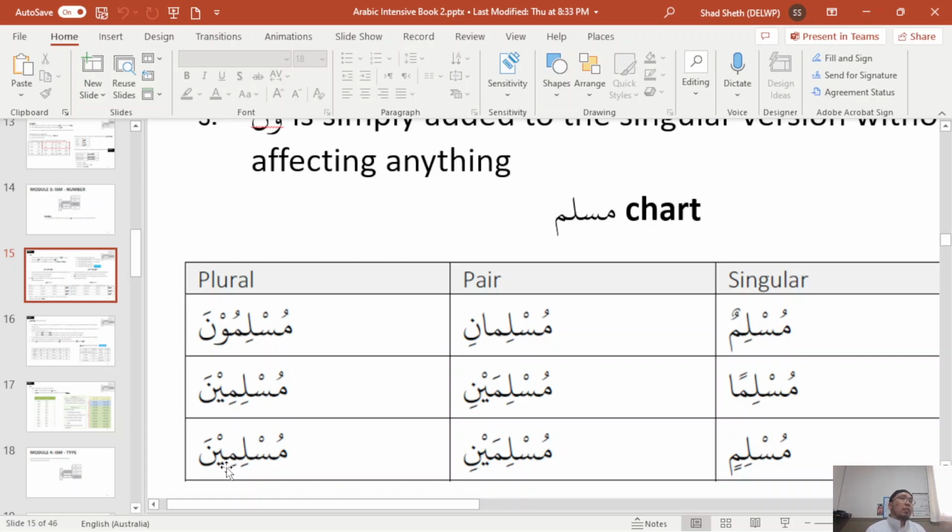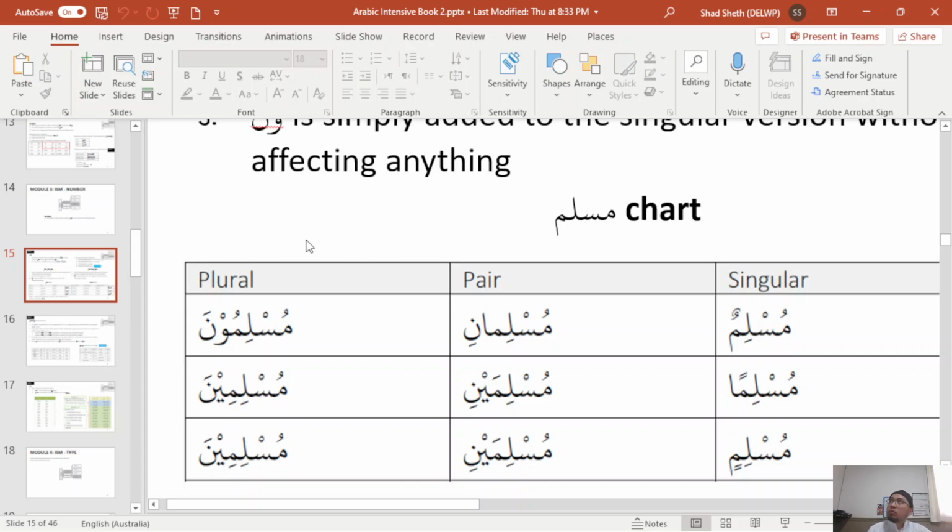And then feminine, ba'dukunna. Some of us, ba'duna. Not I, we. The we version. Ba'duna, like kitabuna, right, the na is ours.